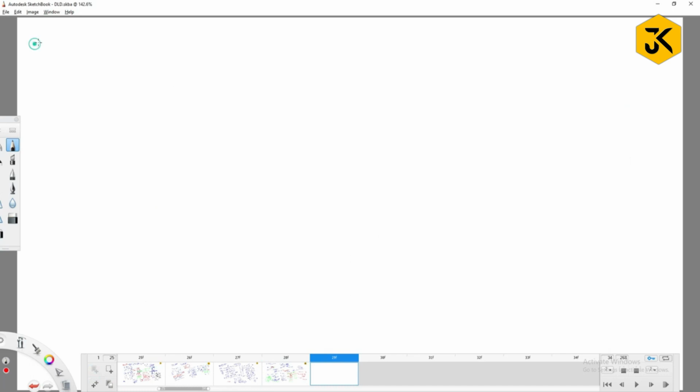Next one, that is error correction. Coming to error correction, once you know where the error is, you can easily correct it.